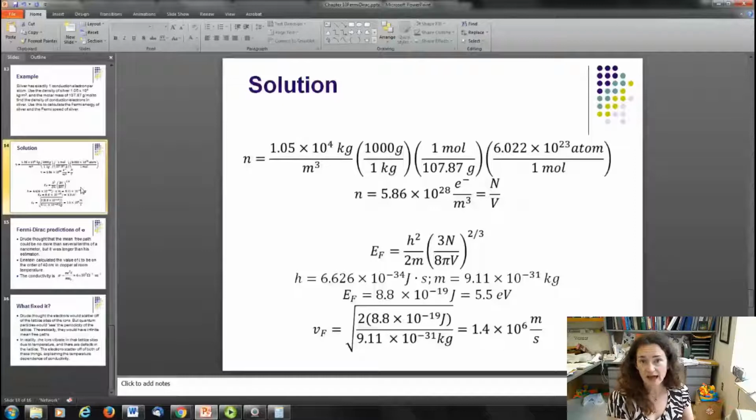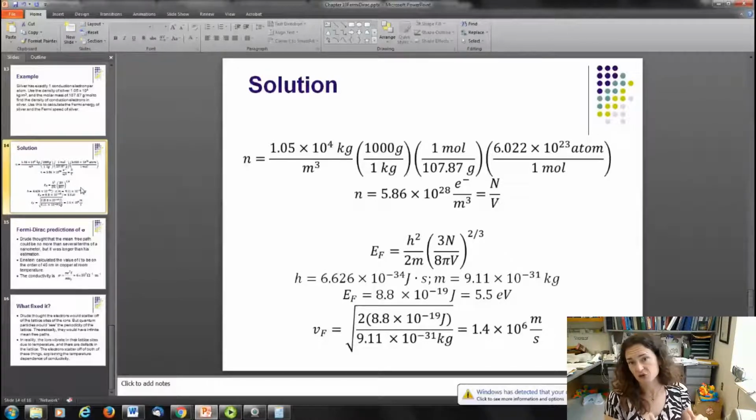So the solution to that is similar to what we did in the lecture on the Drude model. You have 1.05 times 10^4 kilograms per meter cubed. You're going to change units on that density so that it's a number density of conduction electrons. So you've got to first convert from kilograms to grams, 1,000 grams in a kilogram, and then from grams to moles, 107.87 grams per mole, so you're going to divide by that number, and then multiply by the number of atoms per mole, Avogadro's number, 6.022 times 10^23.